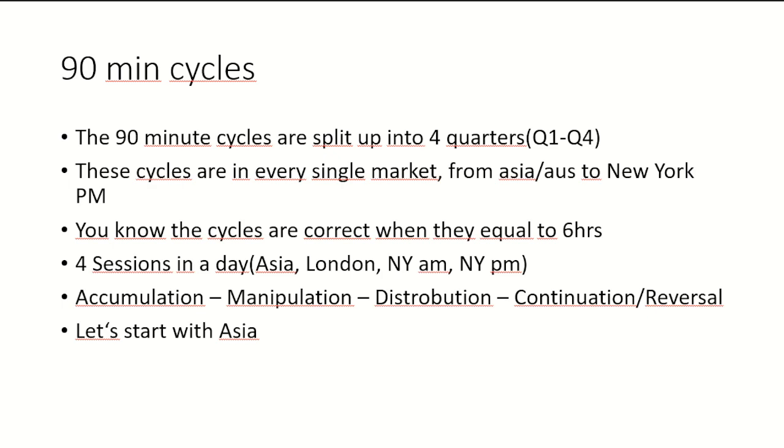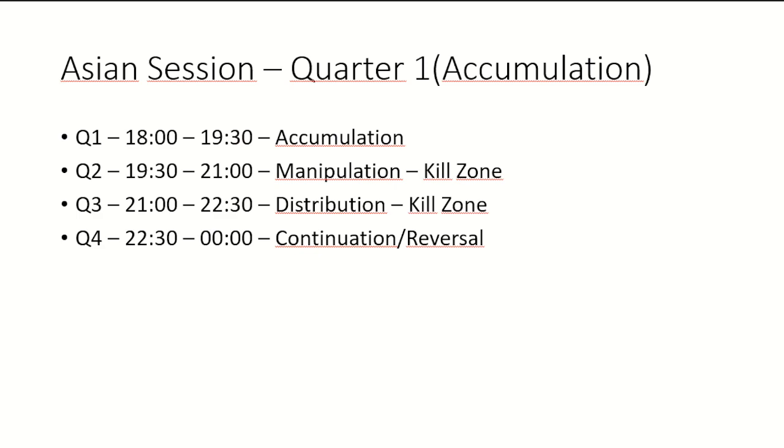But let's start with Asia. Asia session, quarter 1, accumulation. So each quarter also has their 4 quarters. Q1 is from 6 to 7:30 p.m. New York local time. All the timestamps that you will see throughout this video are all New York local time frame, which is GMT -4.